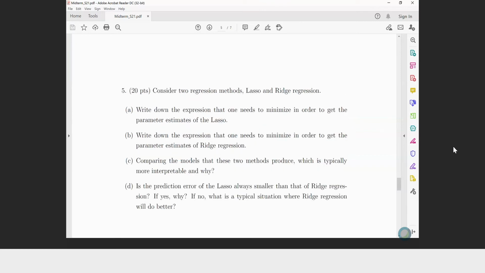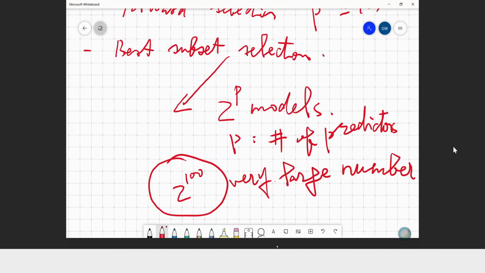Question 5, we just covered this in chapter 6. We say write down the expression that one needs to minimize in order to get the parameter estimate of the lasso. That's pretty clear there. For lasso, this is just penalized regression.